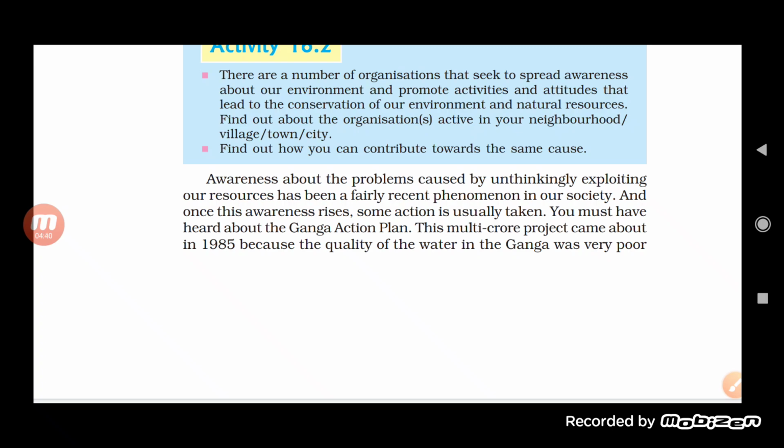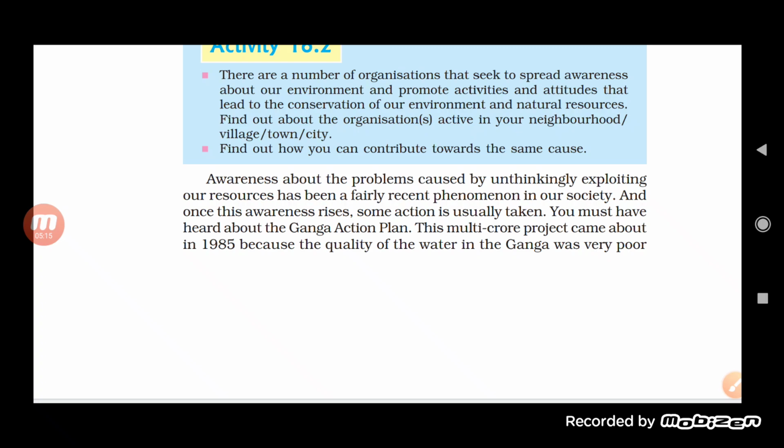The people are not just using natural resources, they are actually exploiting them, because they are overusing them, and this will affect the resources a lot. That's why there is a great need for awareness in the people regarding our environment.